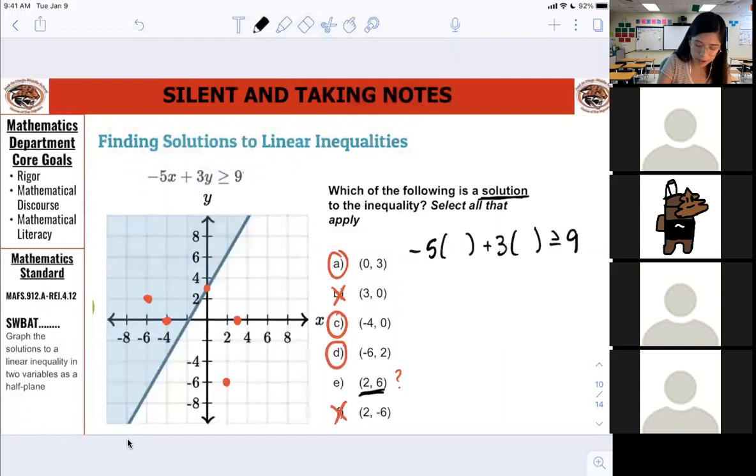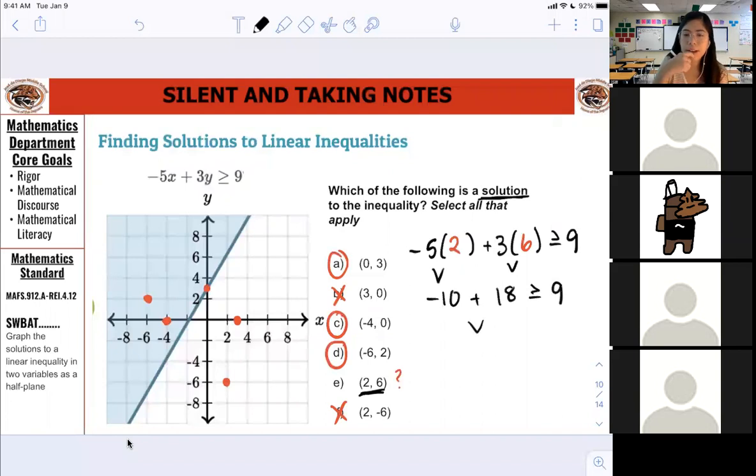So I would plug in 2 for X and 6 for Y. What is -5 times 2? -10. And then 3 times 6 is 18.